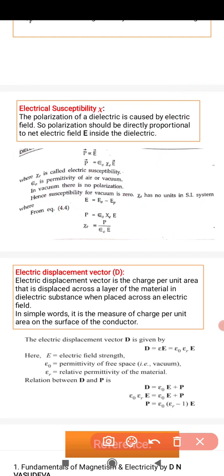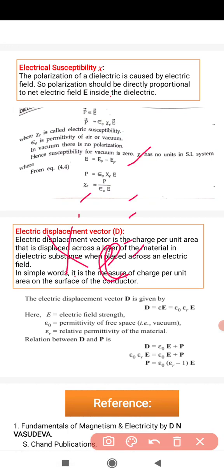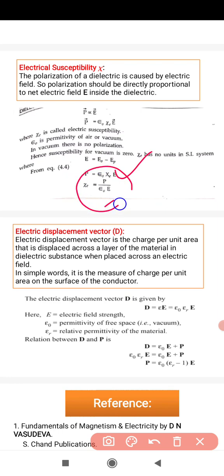We will get the net field E. Therefore, P is equal to epsilon naught into chi E into E. We want chi E, the susceptibility of the electric vector. Rearranging this equation, we get chi E equals P divided by epsilon naught into E. This is the electrical susceptibility.